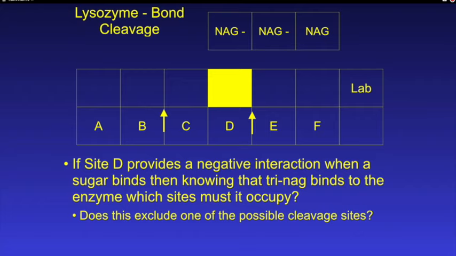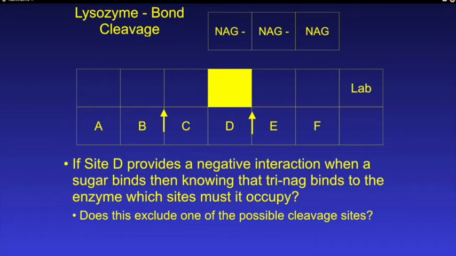And so, if we go all the way back to the original experiment, when I had 3 NAGs, I had absolutely no breakage. That means I really had no enzyme-substrate binding that allowed it to be at the critical place within the active site. And so the only place that triNAG would fit, if there's a negative interaction at D, well, it won't be D, E, and F. It's not going to bind there because I have 2 positive energies in binding, 1 negative.